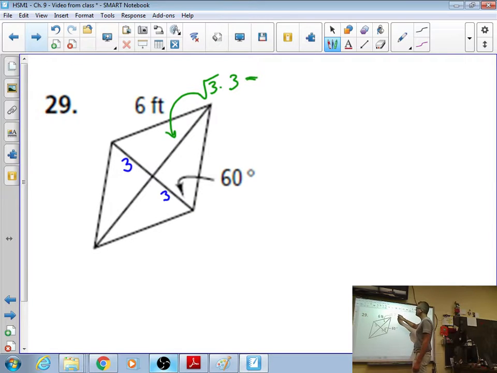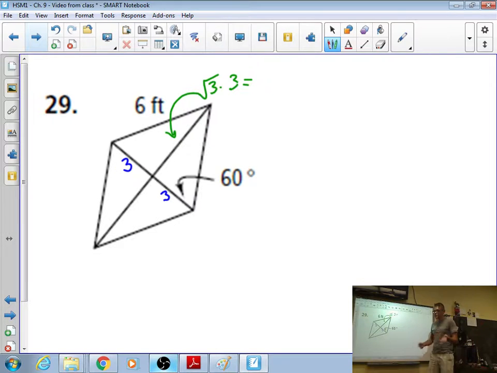Now wait, if I want to unsimplify radical 3 times 3, if I want to put it all together as one radical, how could I do this? Radical 9, maybe? You're close. Wouldn't it just be 3 because radical 9 is 3?